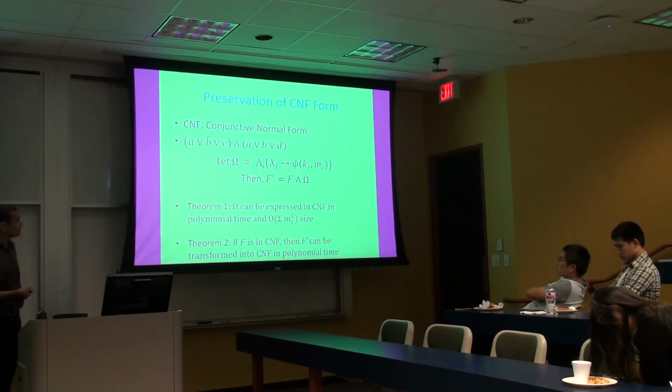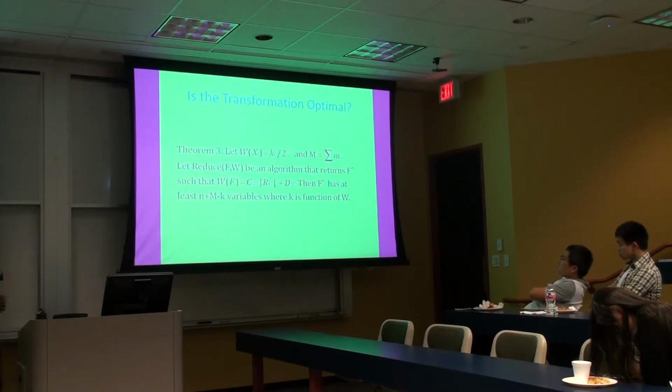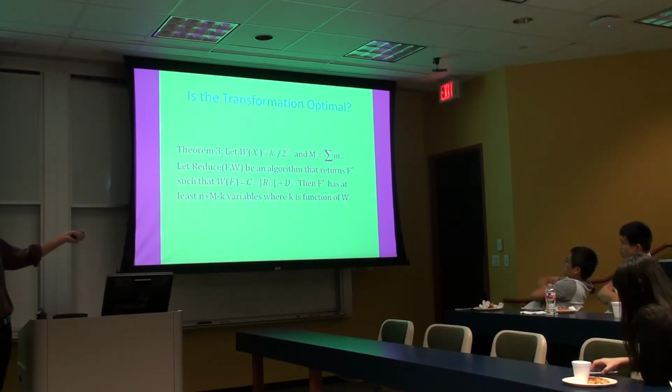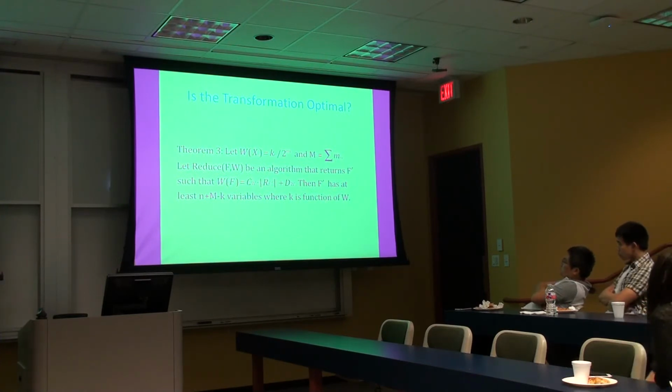I think you might be wondering, wow, the reduction seems very simple, so is it even optimal? Well, it turns out what we show is that if there is any algorithm which returns a formula f prime such that the weight of f will be of this form, where Rf prime is the UMC of f prime.